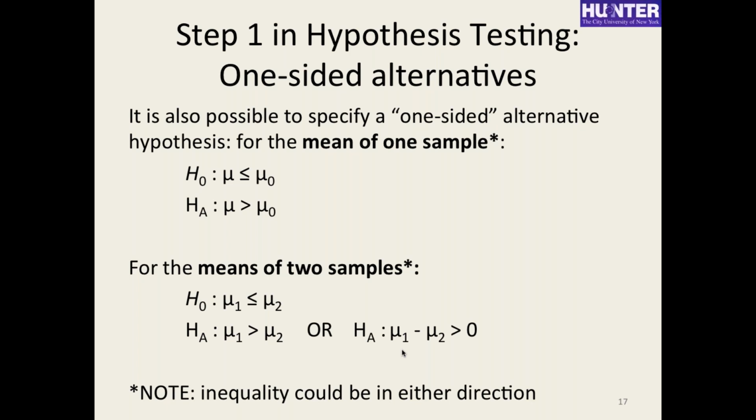It can't increase blood pressure simply because of the way it works. You might then be willing to set up a one-sided alternative hypothesis. In other words, the null is mu1 is equal to or less than mu2, and the alternative is only that one is greater than the other. You predict ahead of time that one is greater than the other. That's one-sided. You're only going to prove that one is greater than the other.